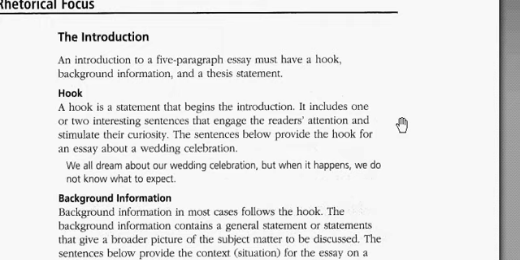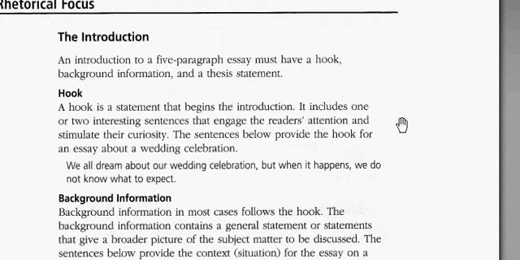The hook is supposed to do that, and the way the hook does it is usually not, very important, not by giving a main idea. In fact, some hooks are not even very well connected to the main points of the essay.